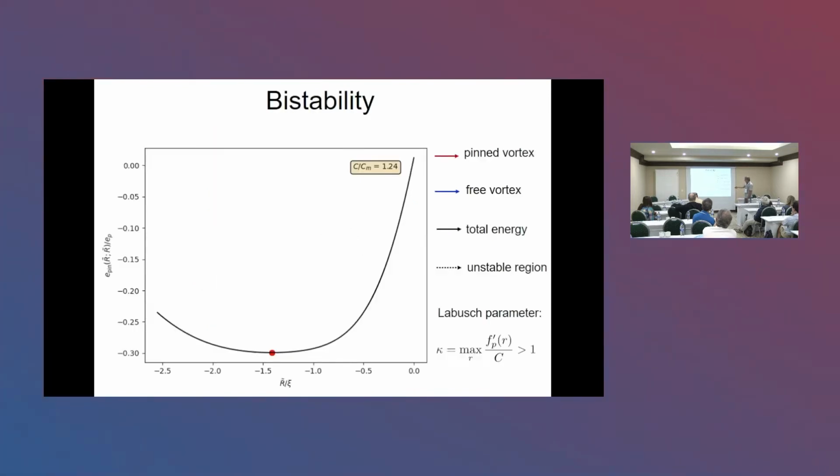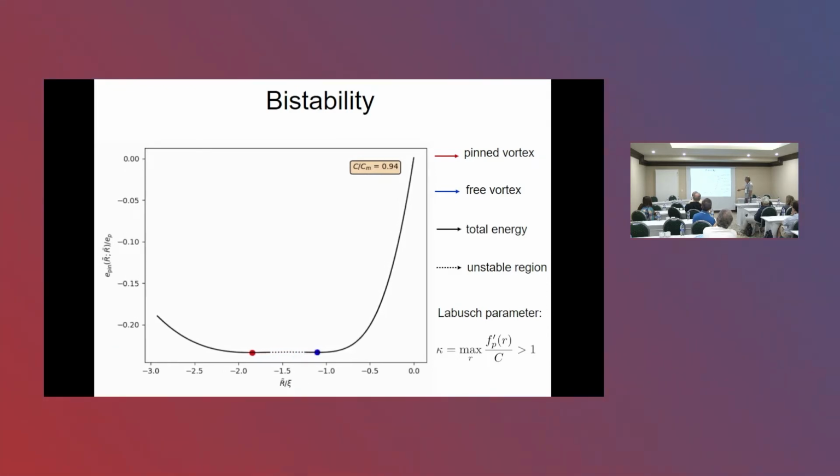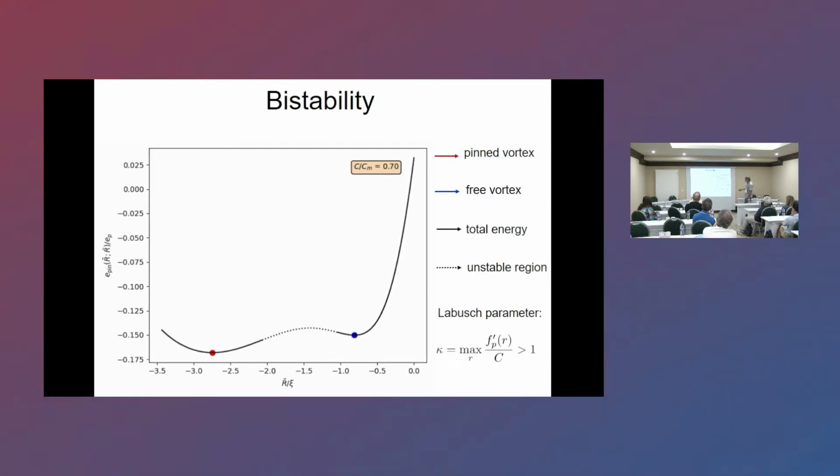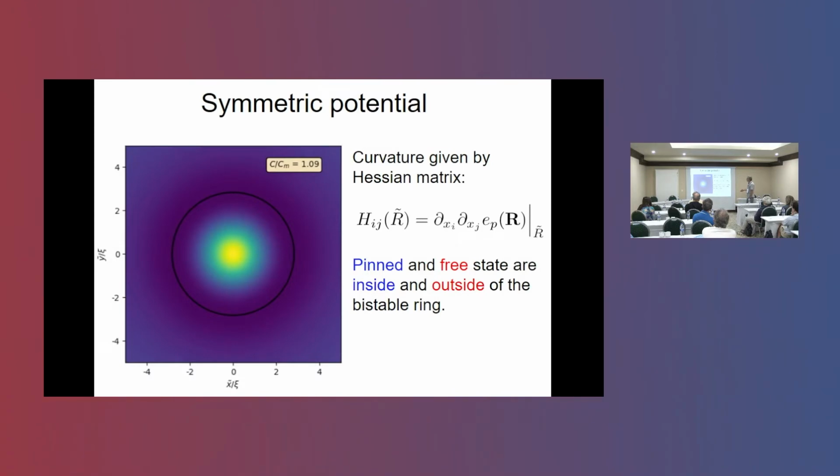If we look at how the effective potential changes when we reduce elasticity, two states appear, and there is this dotted piece where the curvature is negative. Here, no matter how you try to tilt this potential, you cannot stabilize the particle.